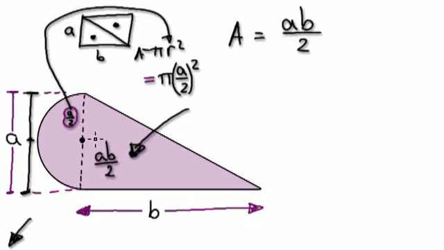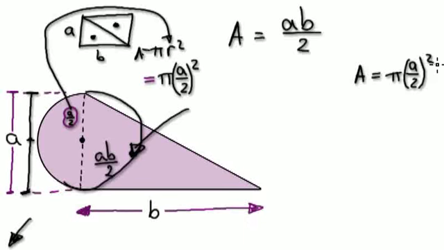Don't forget this will give us the big area. So the area for the whole circle is pi times A over 2 squared, because the radius is only half of A, because A is this length here.